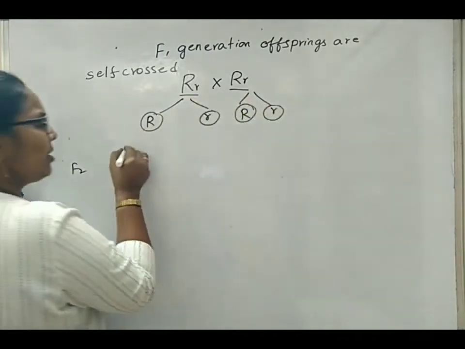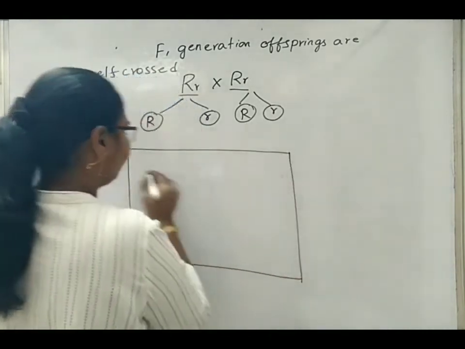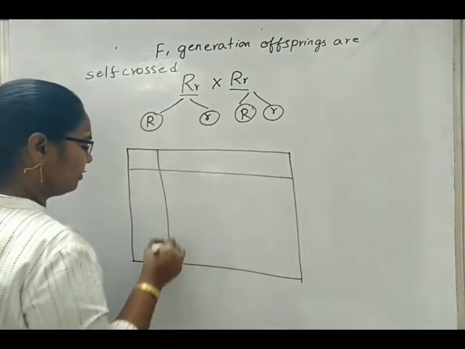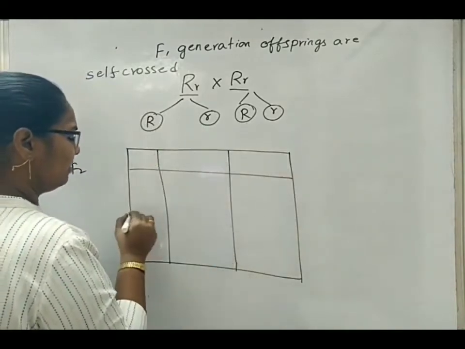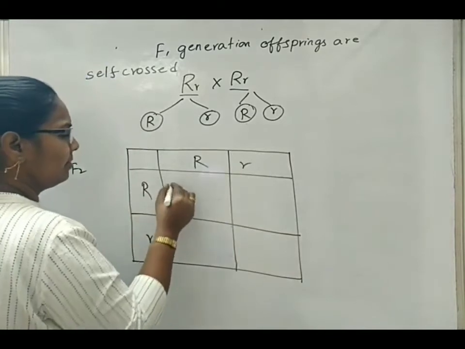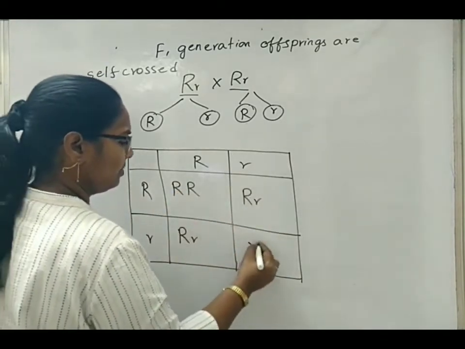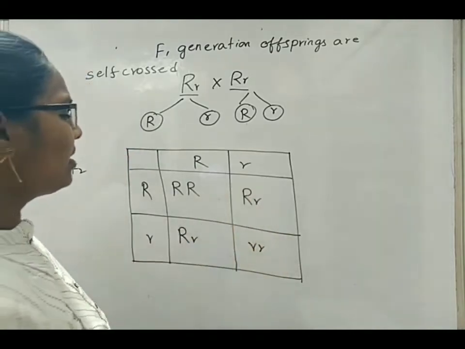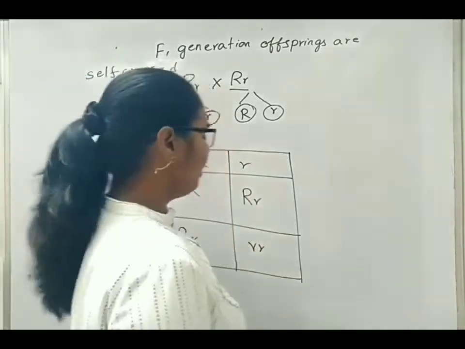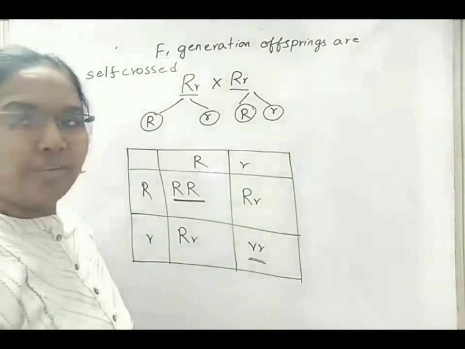Now in the F2 generation, again we will represent this in the form of a Punnett square. So here in this F2 generation, we see again the homozygous red color and homozygous white color flowers.